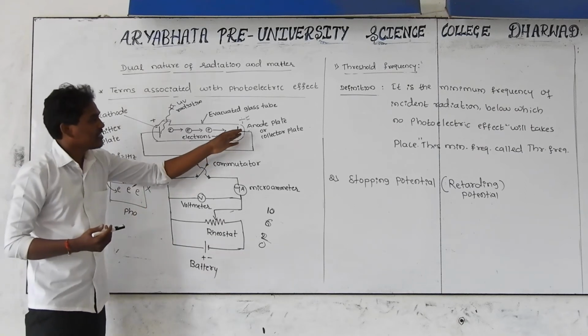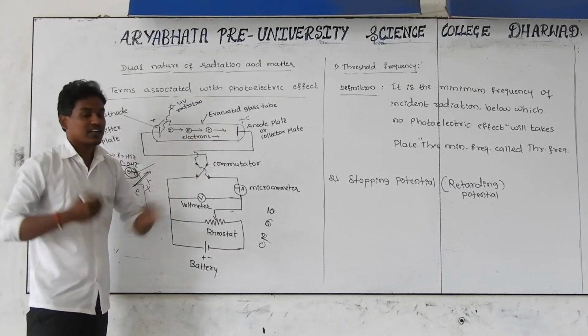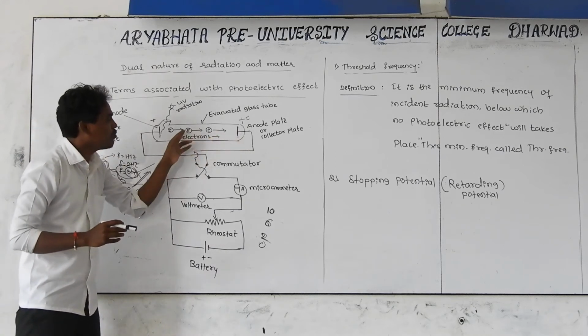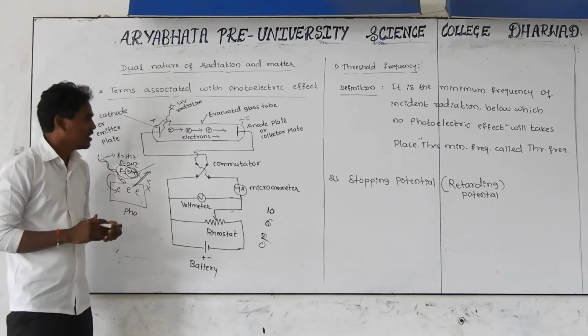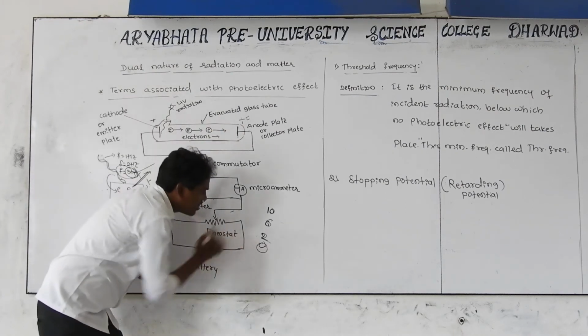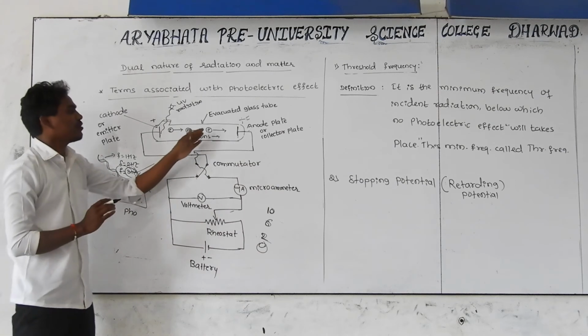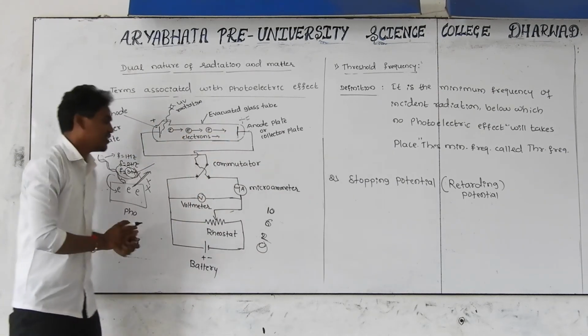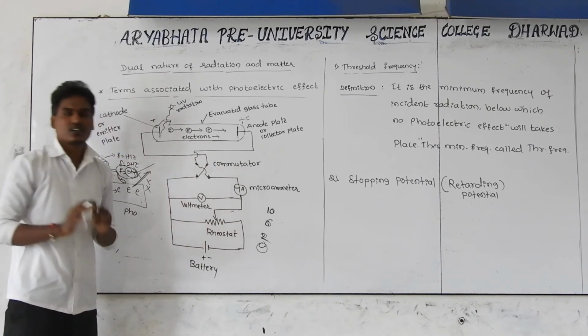Whenever the negative potential of this anode plate reaches a certain value, it completely stops the moving electrons. Whenever the electrons moving from cathode to anode become completely zero, in the sense that the magnitude of the electrons moving from cathode to anode becomes zero, then the photocurrent in the circuit becomes zero.